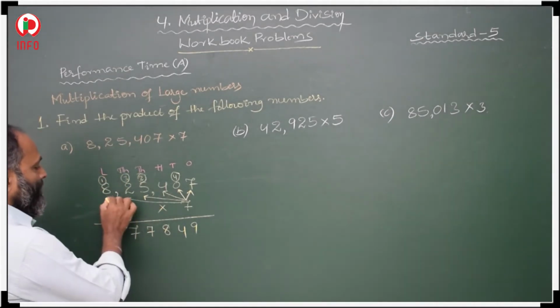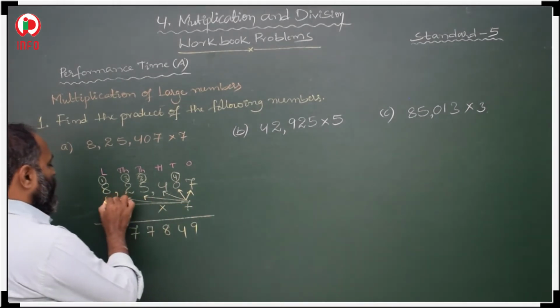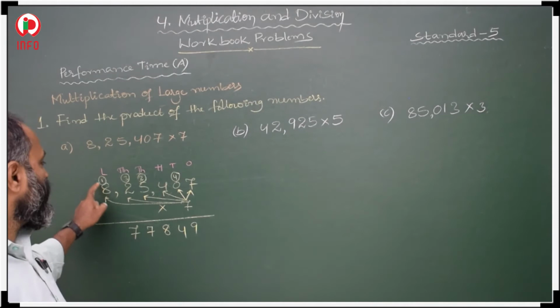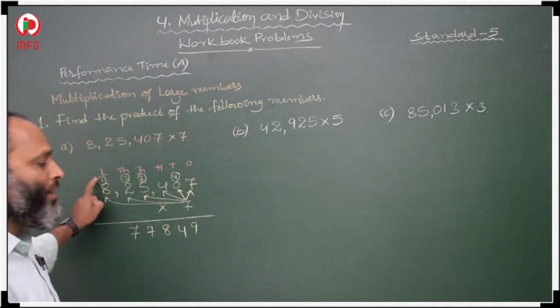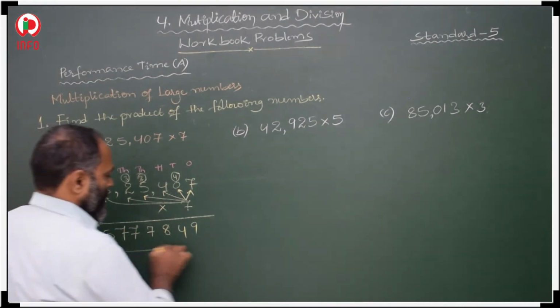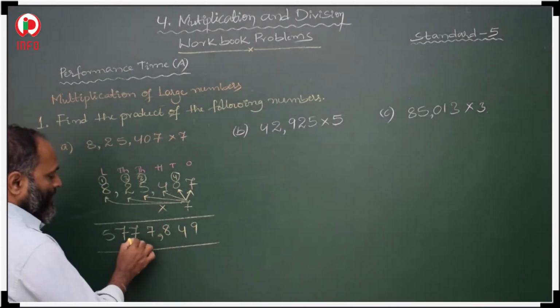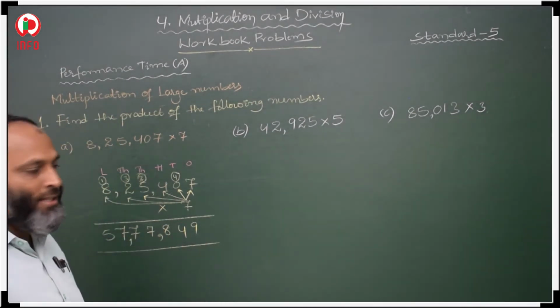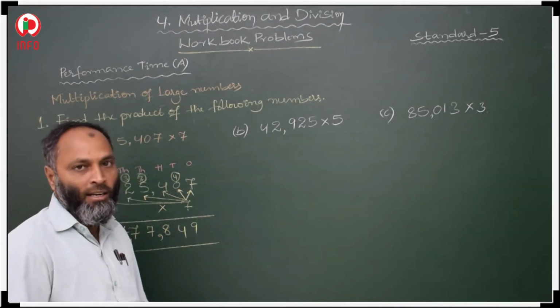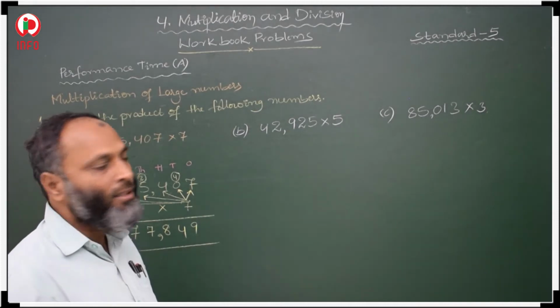Next 7 eights are 56, and this 1 lakh is there. Total 57 lakhs. Then what is our answer? 57 lakhs, 77,849.